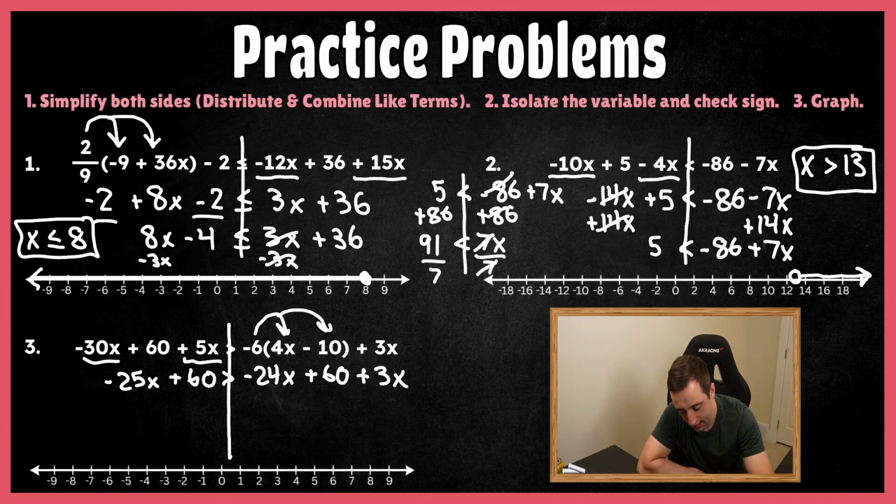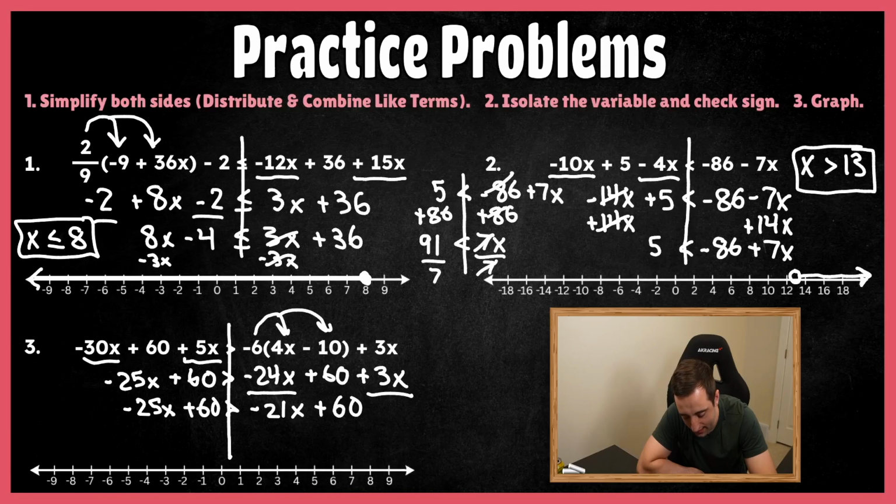Okay, we have combining like terms still, so let's go ahead and combine those on the right side. We have negative 25x plus 60 is greater than negative 24x plus 3x is negative 21x plus 60. And now let's go ahead and move our variables to one side.